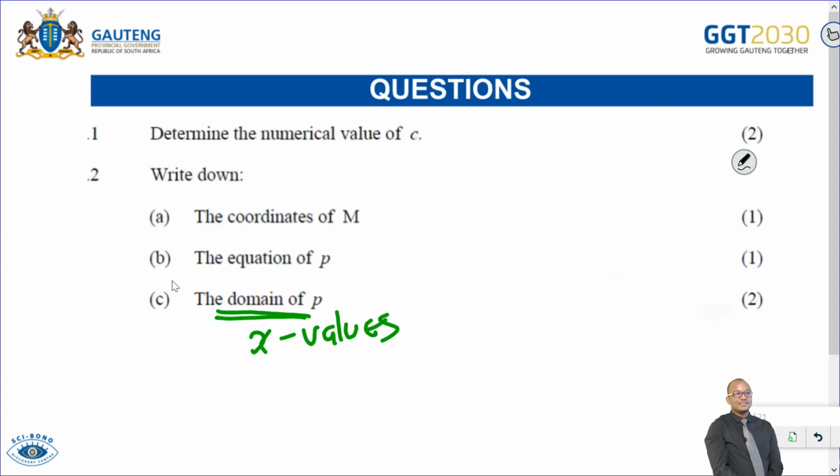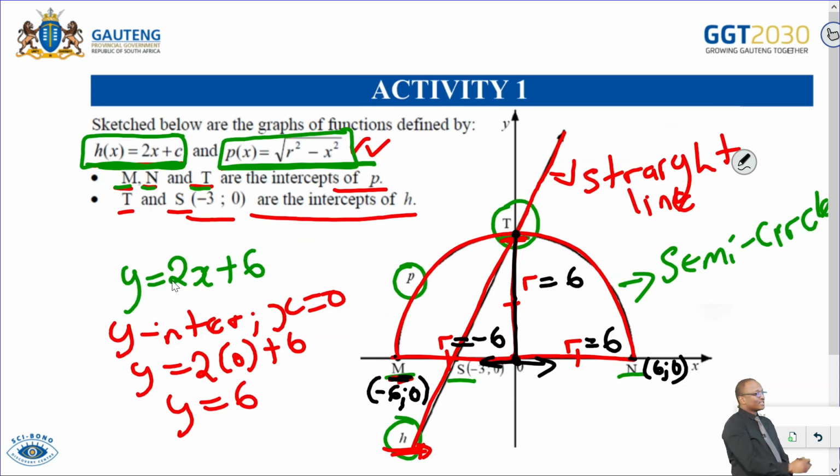From the statement given, we can see that p of x is equal to the square root of r squared minus x squared. And now we know what our r is. Our r is 6. So we will have to go to our equation of p of x. Where we see r, we substitute 6.